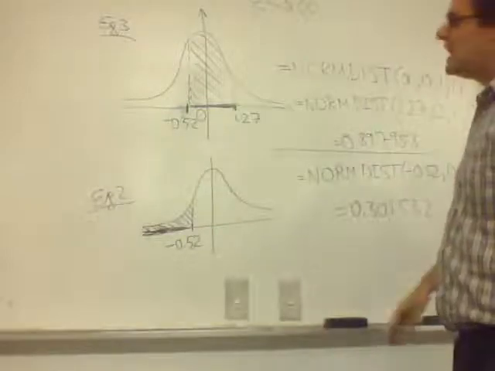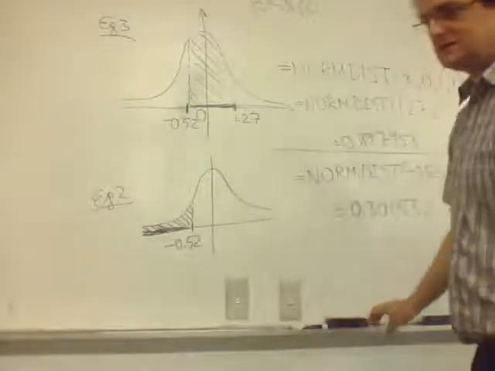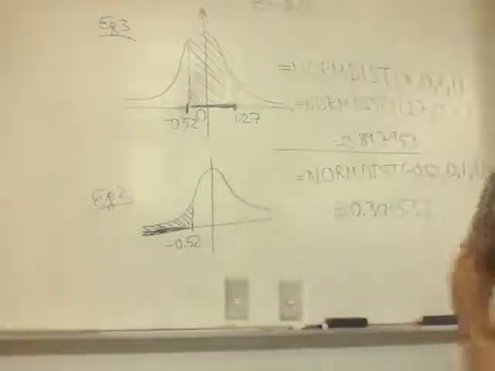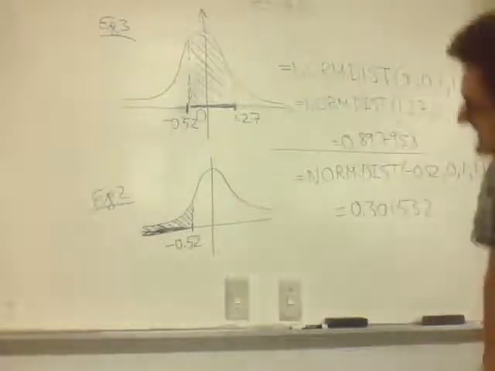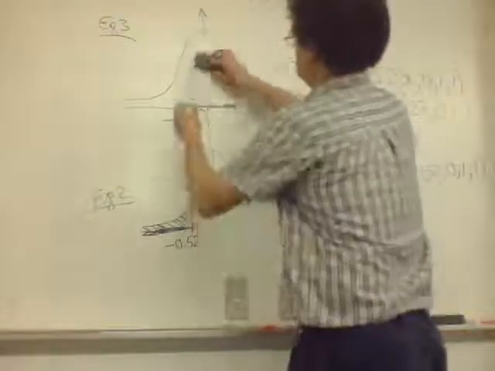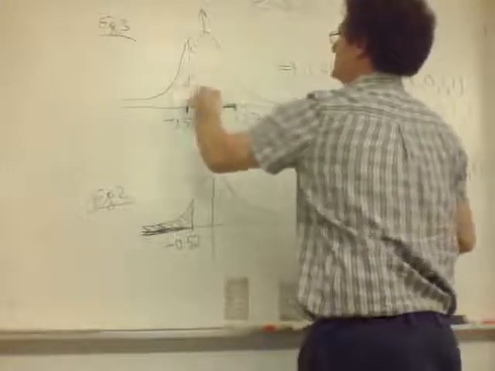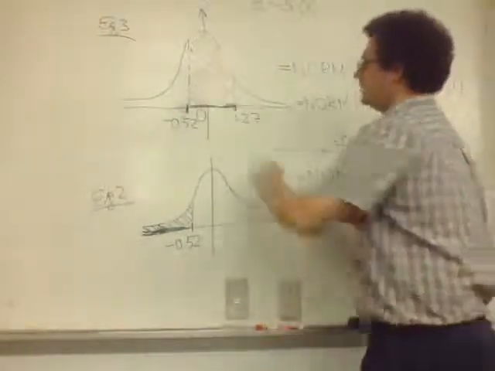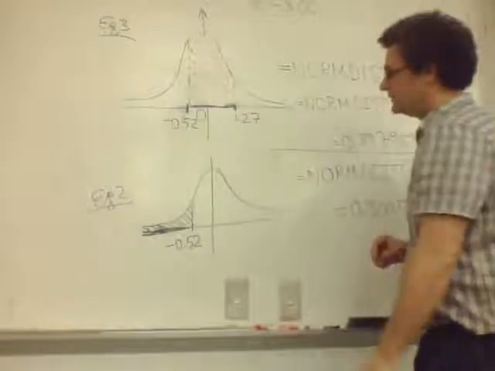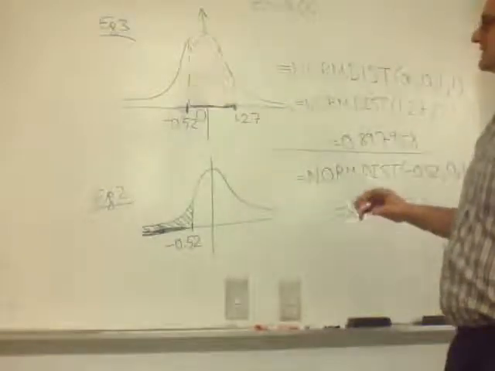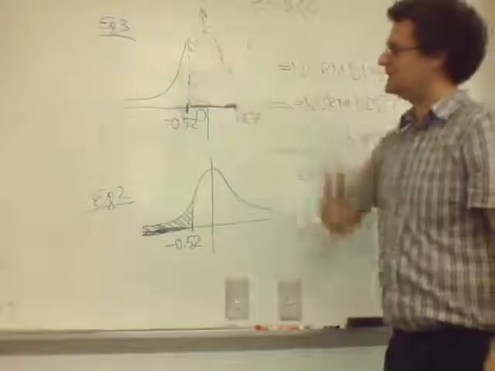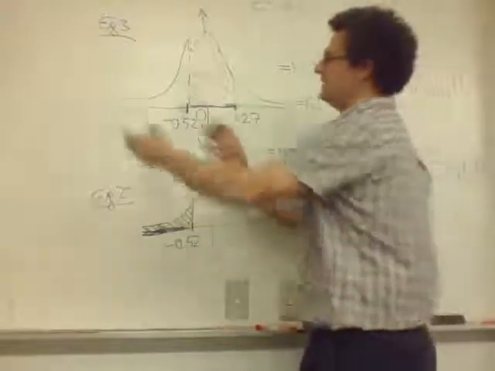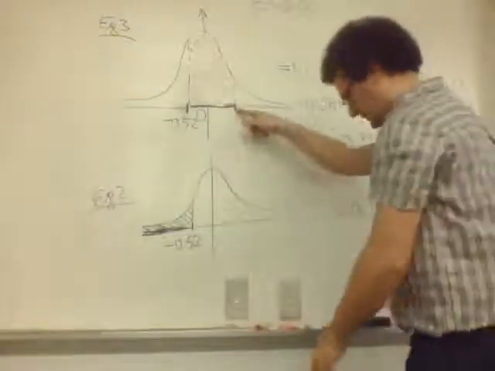Okay? So now what you can do is you can use the previous two examples. Okay, so you want to compute this red shaded area. You can compute this red shaded area as the difference of the area from minus infinity up to this point.